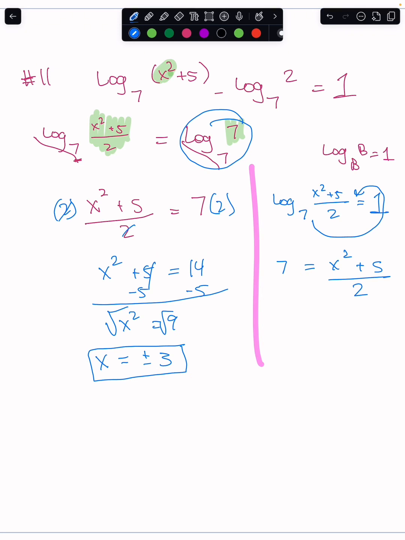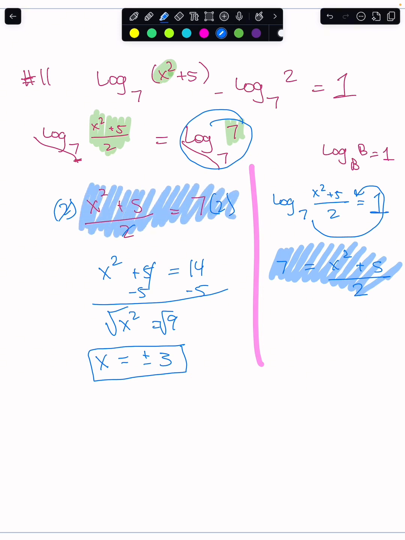And this step right here is literally this step right here. It's the same exact steps. Because from there, I multiply both sides by 2. And the work is the same. Okay? But I'm not going to do that to save us some time.